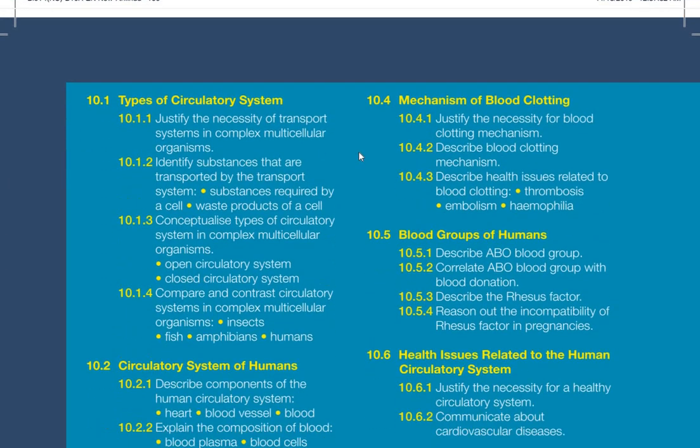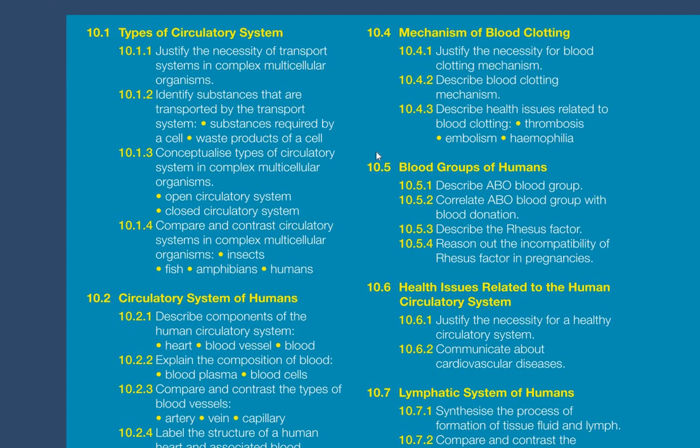Okay. So I'm going to start with 10.1, types of circulatory system. What are the learning outcomes for this 10.1? 10.1.1 Justify the necessity of transport system in complex multicellular organisms. 10.1.2 Identify substances that are transported by the transport system, substances required by a cell and waste products of a cell. 10.1.3 Conceptualize types of circulatory system in complex multicellular organisms: open circulatory system and closed circulatory system.